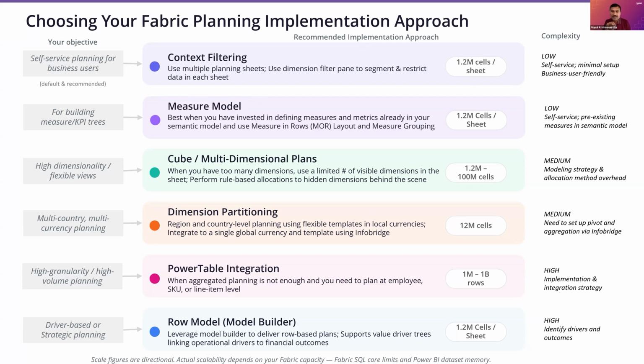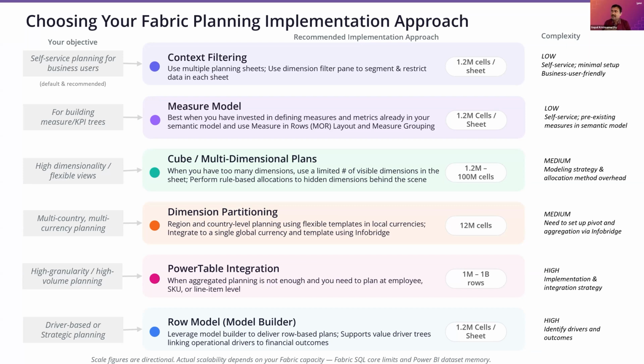I simply want to drag and drop. I don't want to put some effort into the model builder and all of that. Think about it. It's nothing but row-based modeling or a measure in row layout. So this is something that is coming as part of the GA, which is low complexity, just similar to the context. You just drag the dimensions and all the measures and then do the measure grouping. I will be showing you a preview of that.